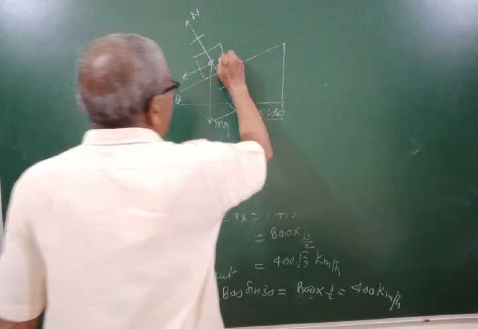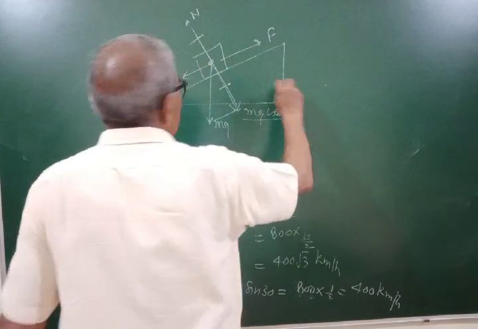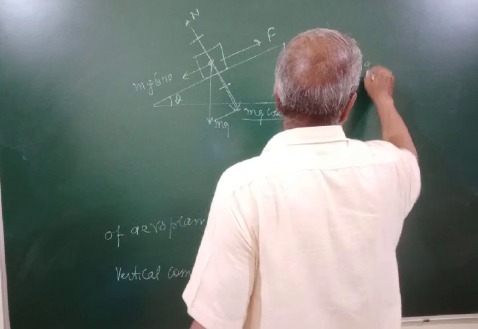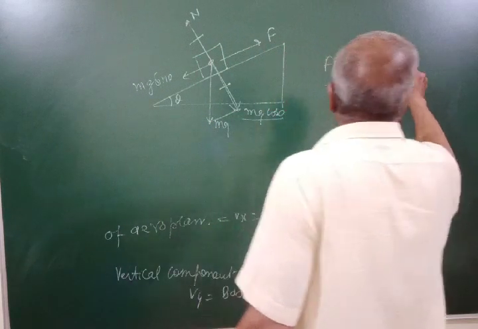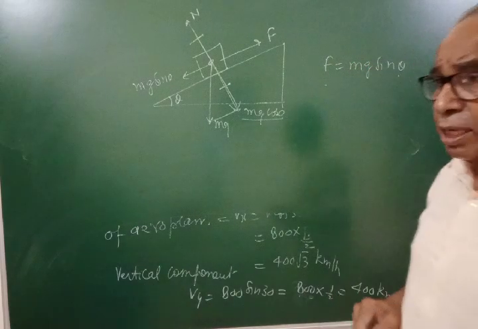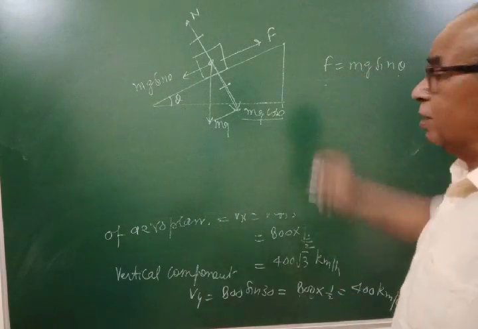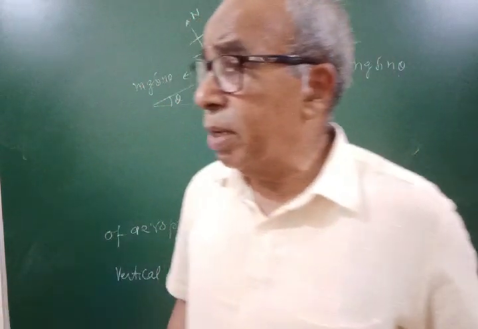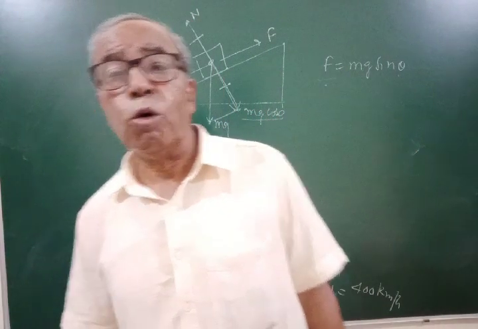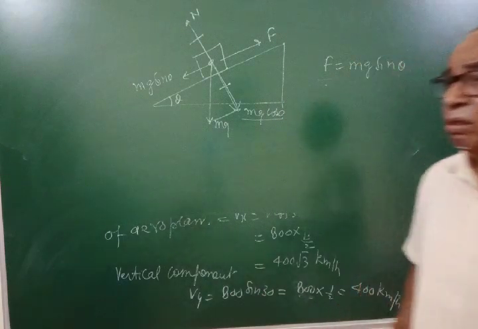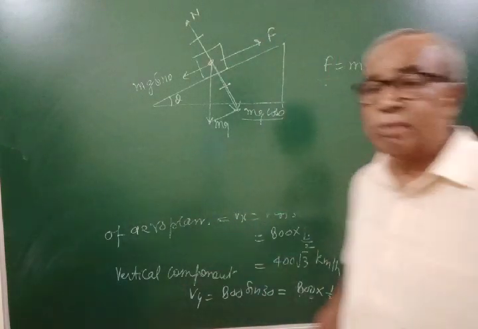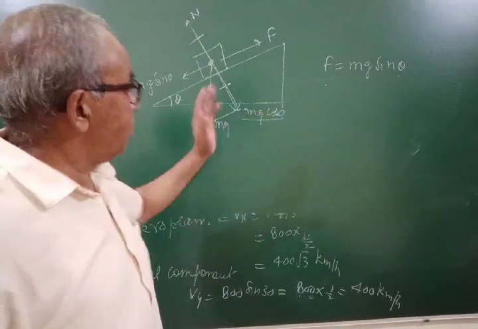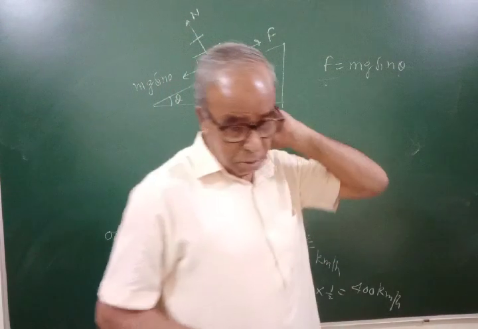When you want to pull it up by applying force, the force required is mg sin theta. The smaller the theta, the smaller the value of sin theta, and hence the smaller the force. So our inclined plane, ladder or stair should have a small inclination, not a large one, so that we can go up easily. If you make the slope high, it will be difficult because this component becomes more and more.